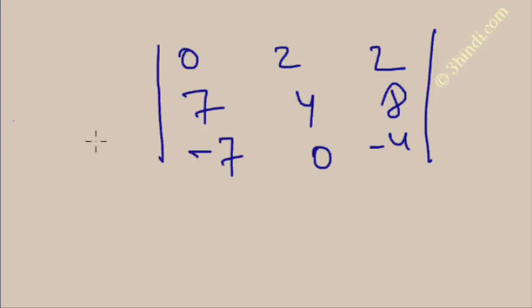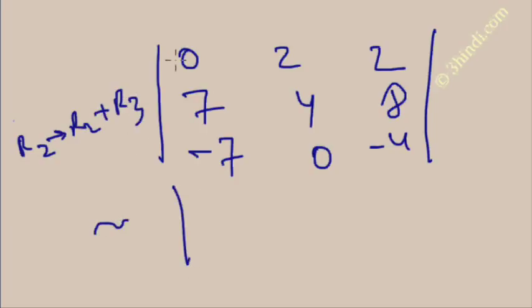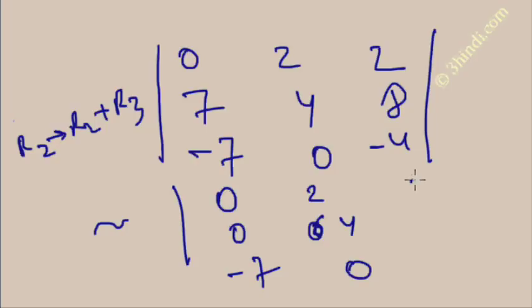To make more zeros, you perform R2 plus R3. This means it is equal to 0, 0, minus 7 and 6; 2, 4; it will remain 4, 0, and 8 minus 4 is 4, so 4 and minus 4.